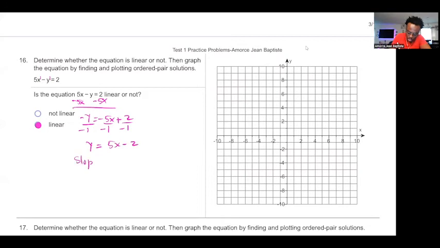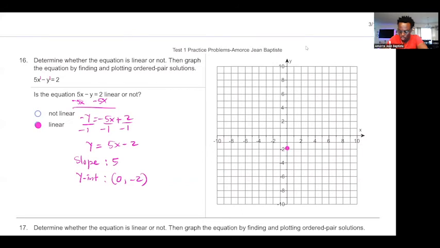Your slope is 5, and your y-intercept is (0, negative 2). So now that you have this, we're going to find the y-intercept first.